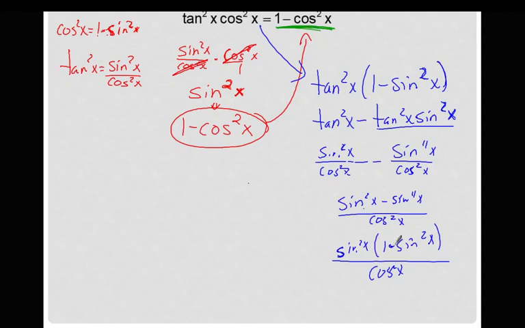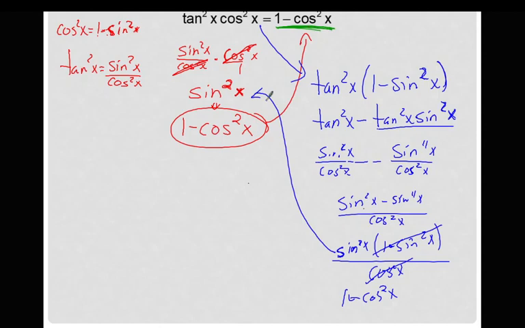And 1 minus sine squared x is cosine squared. This would divide out with that. You're left with sine squared, which is 1 minus cosine squared x. And you would have ended up in the same place. It would have taken you a lot longer to get there. Because look, this is right there.